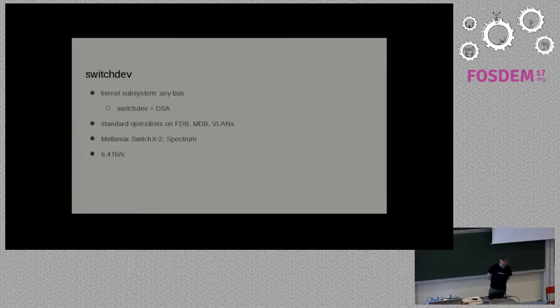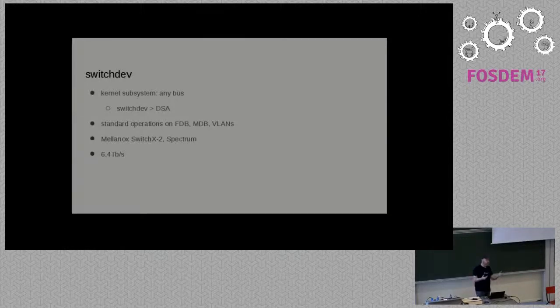6.4, so it was for one node, can you detail a little bit this number of 6.4 terabytes per second? Sorry, what do you mean? 6.4, the number you said. Yes. In which context? Oh no, that's just the total switching capacity of the Spectrum chip. The Mellanox Spectrum chip is 6.4 terabit.